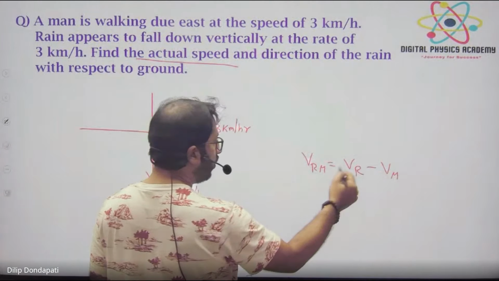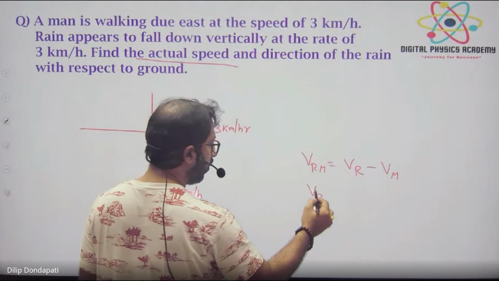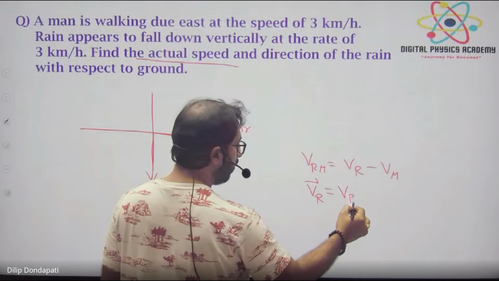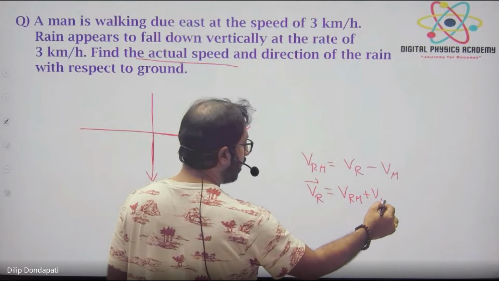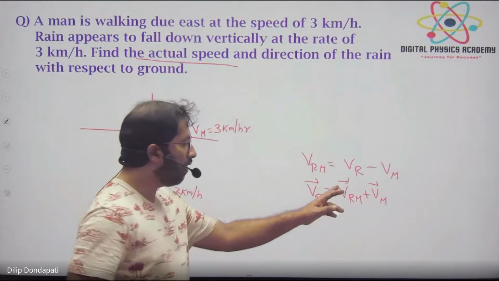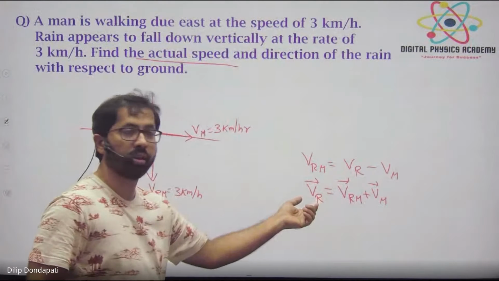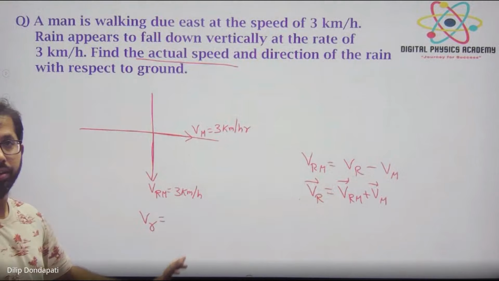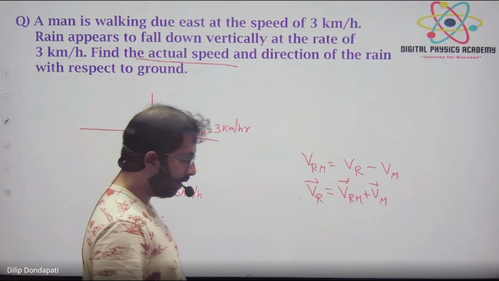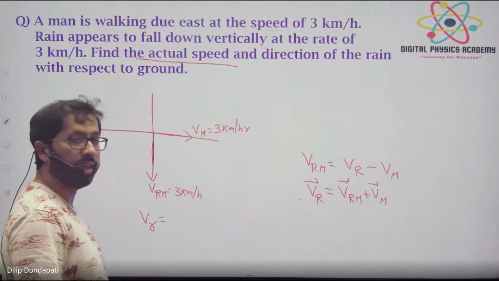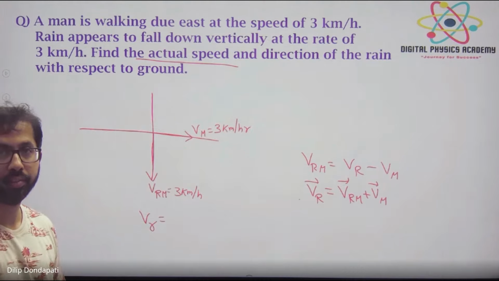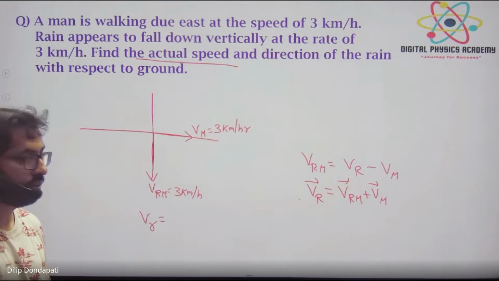And I told you VR is equal to VRM plus VM. मतलब if you do vector addition of these two, we will get automatically VR. Sir, here tan theta will give you the direction of the rain. Direction angle पूछेगा theta. So magnitude and direction I want of rain. So 3 root 2 and 45 degrees. Yes, correct, perfect. 3 root 2 and 45.